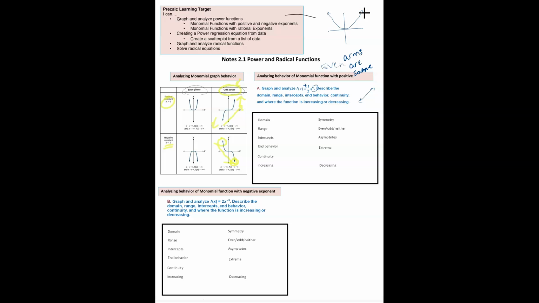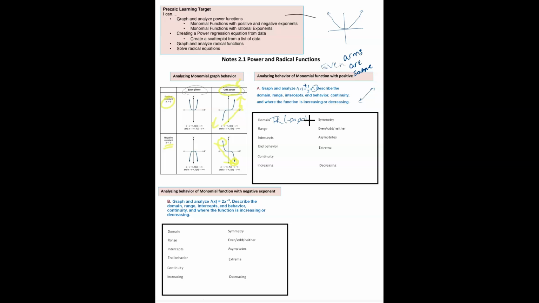So the domain is all your x values, and do we have to eliminate any of those x values? In this case, we don't have a square root to worry about, so we don't need to worry about negatives under a square root, and we don't have a denominator, so we don't have to worry about getting a 0 in the denominator. So all real numbers are useful here. Or remember, you guys could say negative infinity to infinity. That was another way you could write it. Range: with this one, it doesn't go below the x-axis because it's even and it's positive.